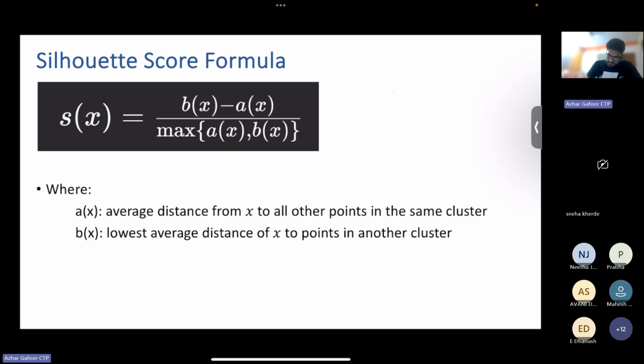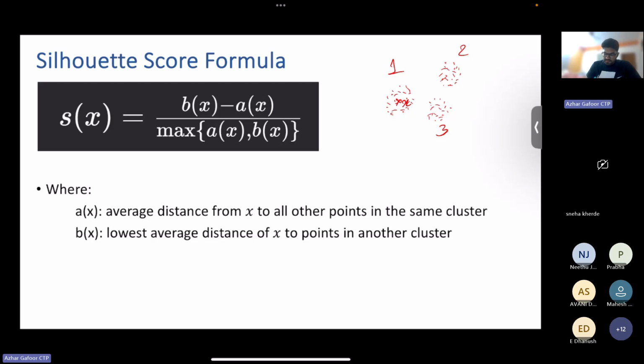So let's say we have a cluster here, this is cluster 1, then cluster 2, then we have another cluster, let's say cluster 3. If you have an x point here, then a of x is the distance between this x and all other points in the same cluster, averaged over it.